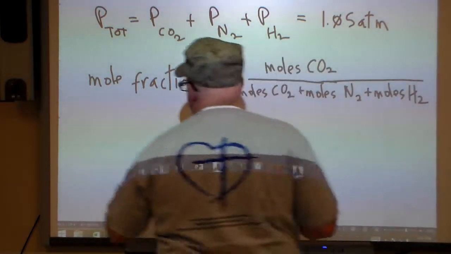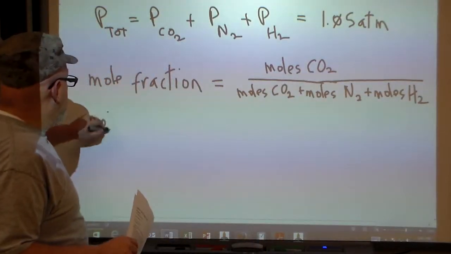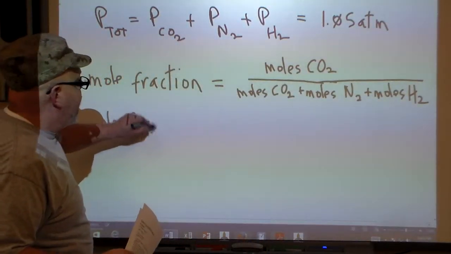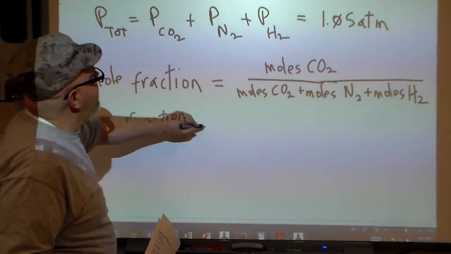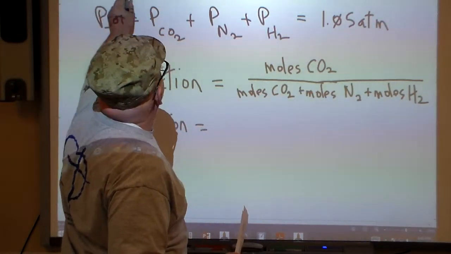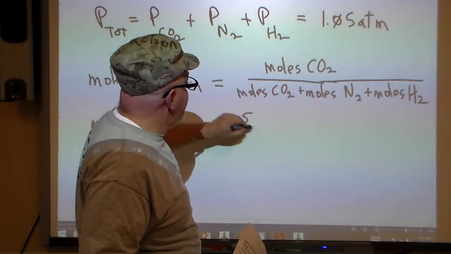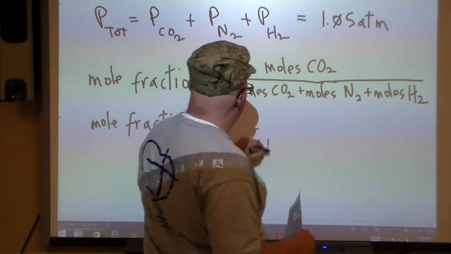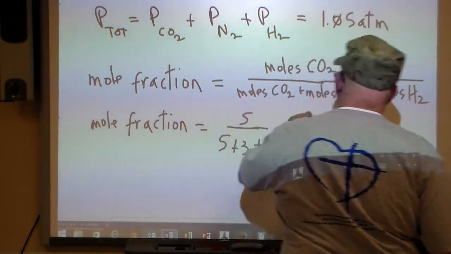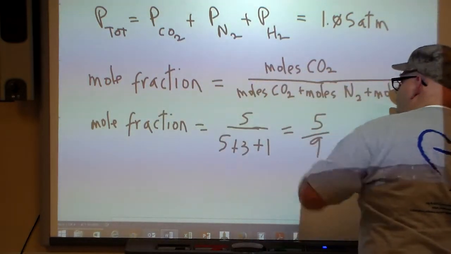So this is going to be easy. We're going to look at the mole fraction. This is the formula, by the by. The mole fraction is going to equal 5 moles of carbon dioxide over 5 plus 3 plus 1. So that's going to equal 5 over 9.